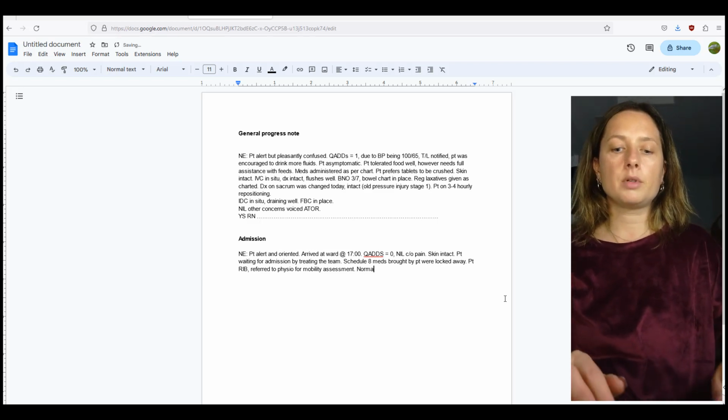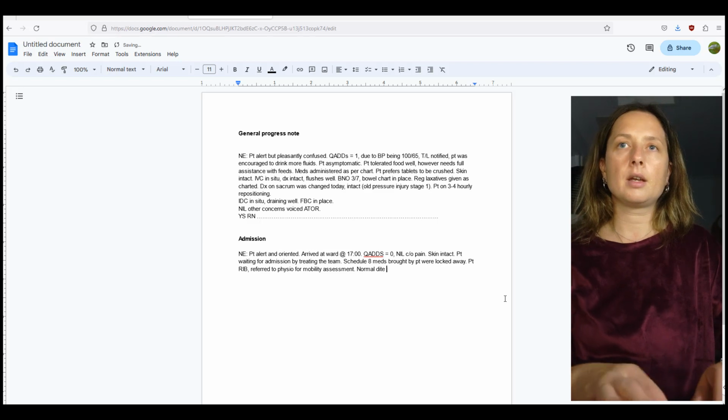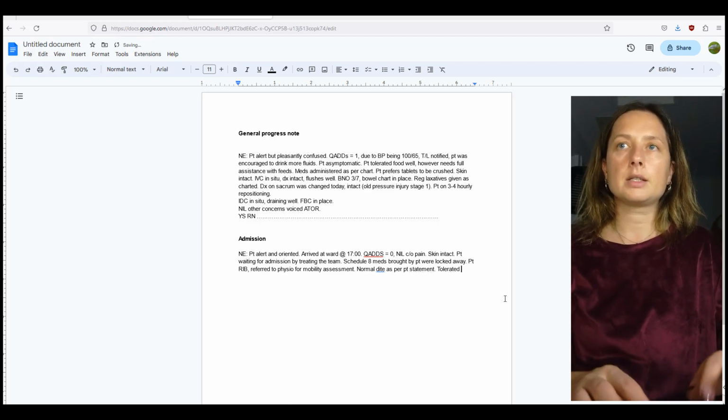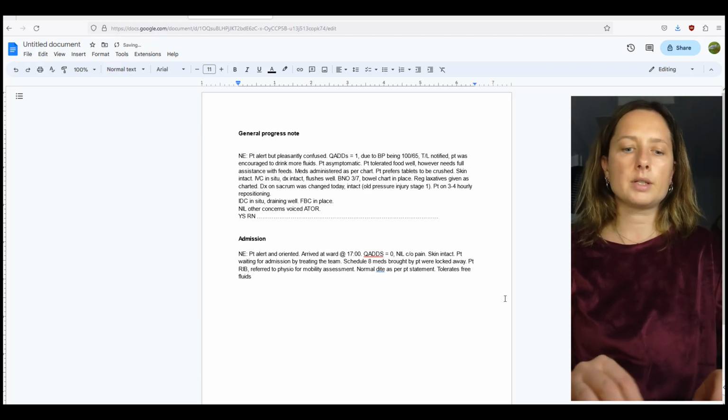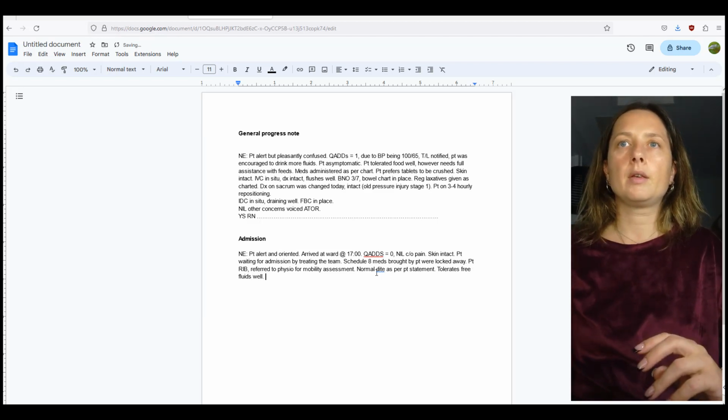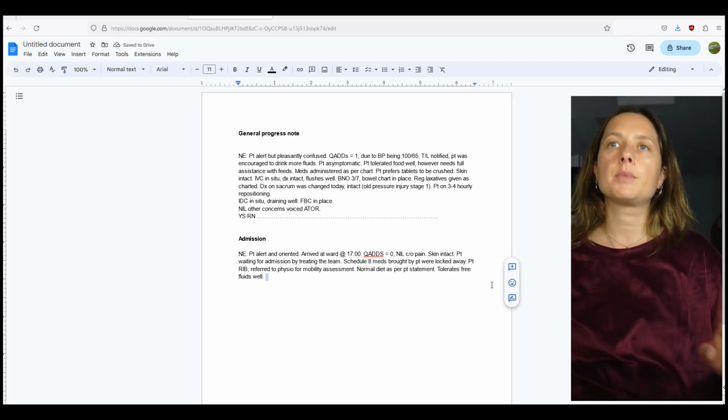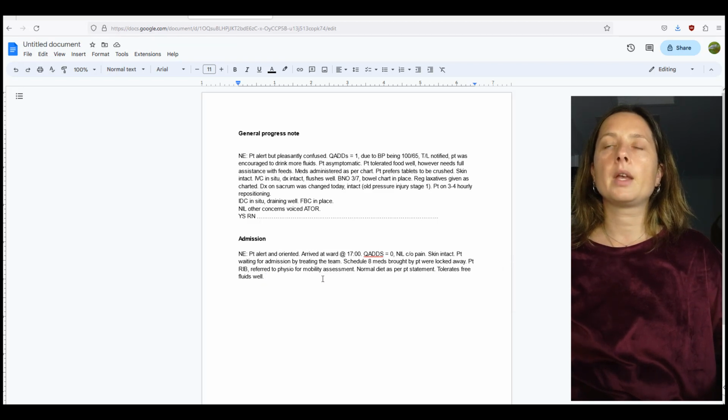I would say normal diet as per patient statement, and I would say tolerates free fluids or thin fluids well. Okay, diet, so I would say normal diet as per patient statement, tolerates free fluids well.